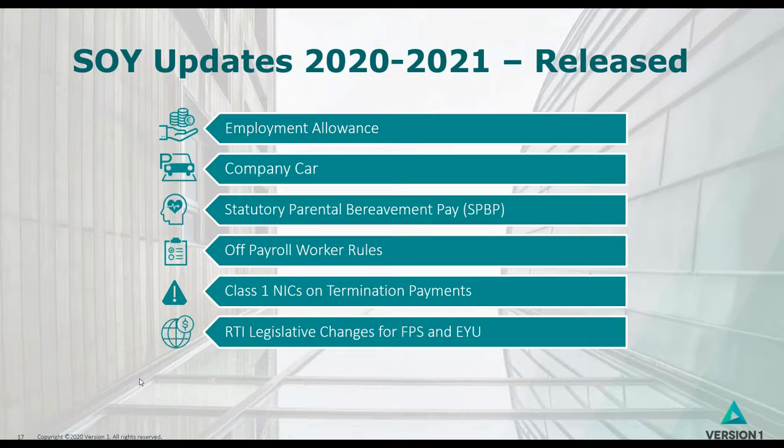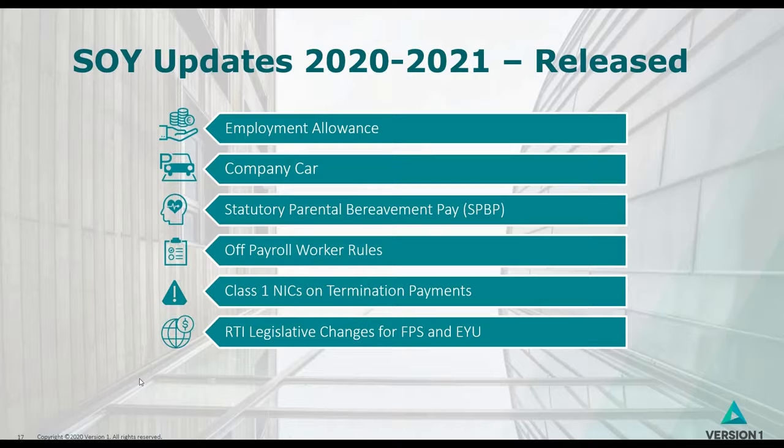So Pravas gave us a little bit of background just a minute ago about the updates that have already been released, just at the end of January for the start of the 2020-2021 tax year.